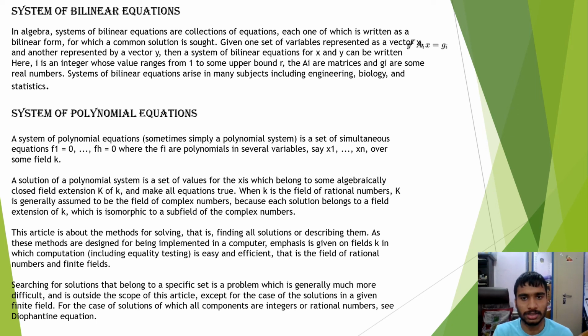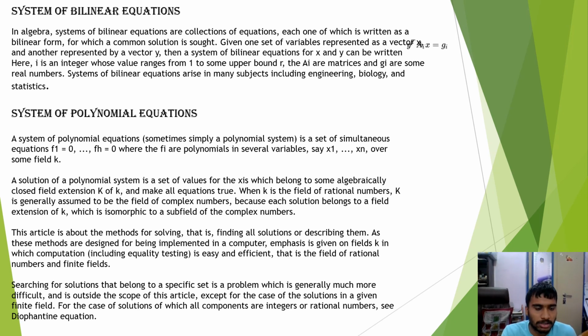Given one set of variables represented as a vector x, with gᵢᵗ aᵢ x = gᵢ, and another represented by a vector y, a solution of the system of bilinear equations for x and y can be written here. i is an integer whose value ranges from 1 to some upper bound r, and the aᵢ are matrices and gᵢ are some real numbers. Systems of bilinear equations arise in many subjects including engineering, biology and statistics.